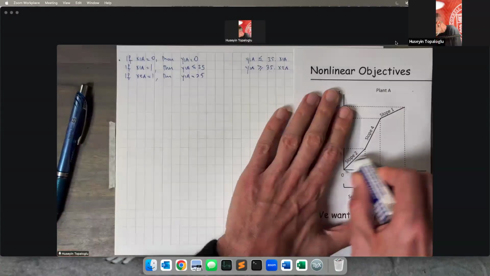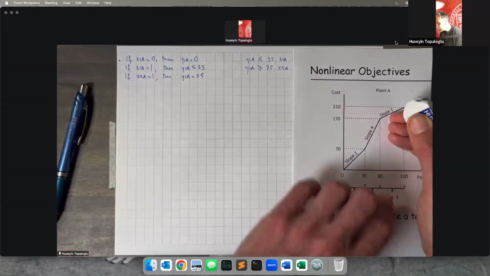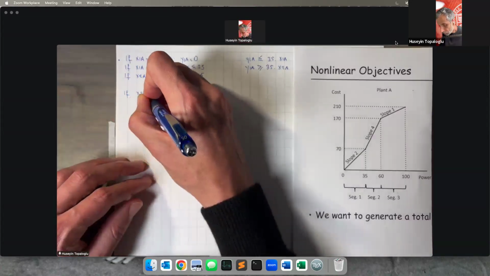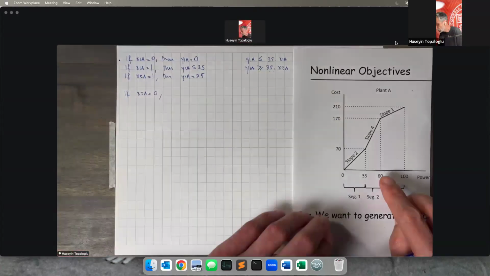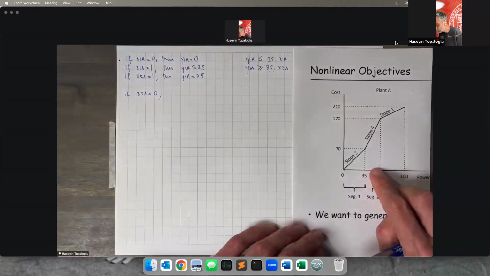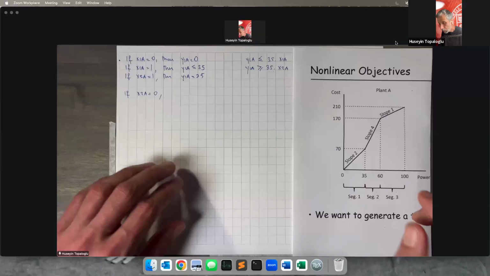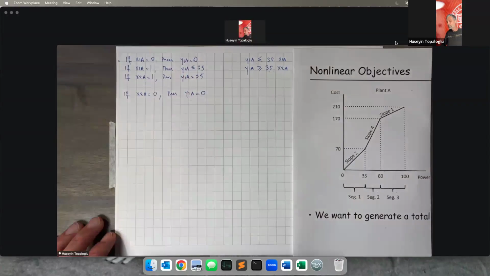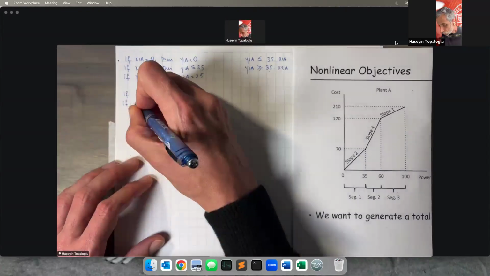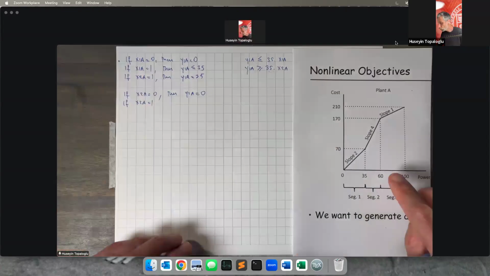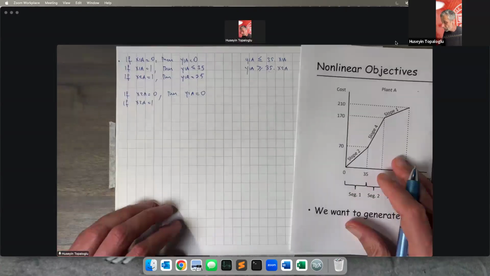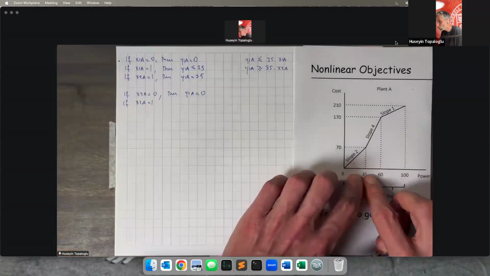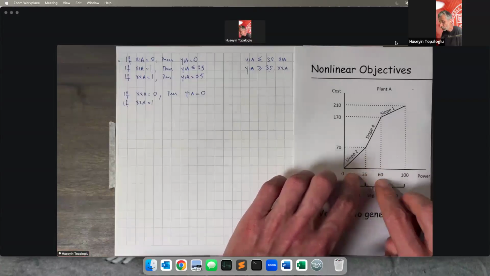Good. So now let's do something similar for the second segment in plant A. If x2 is equal to 0, meaning that we're not utilizing the second segment in plant A, then the utilization of the second segment in plant A has to be 0. If x2 is equal to 1, meaning that we're utilizing the second segment in plant A, then the utilization of the second segment can be at most 25, because the length of the second segment in plant A is 25.